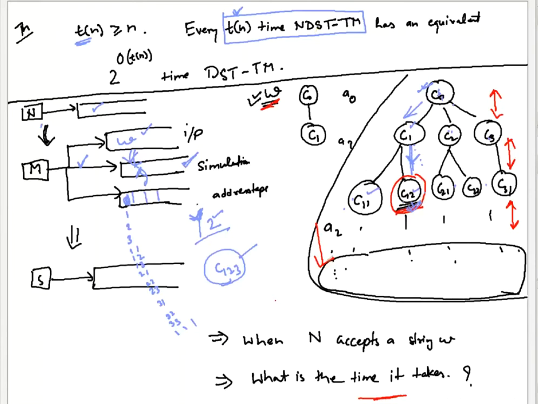Good. So no questions. Then can you tell me, if it's a T(n) time non-deterministic Turing machine, what is the maximum depth of that Turing machine? Because if it is a T(n) time Turing machine, what is the depth of the configuration tree?